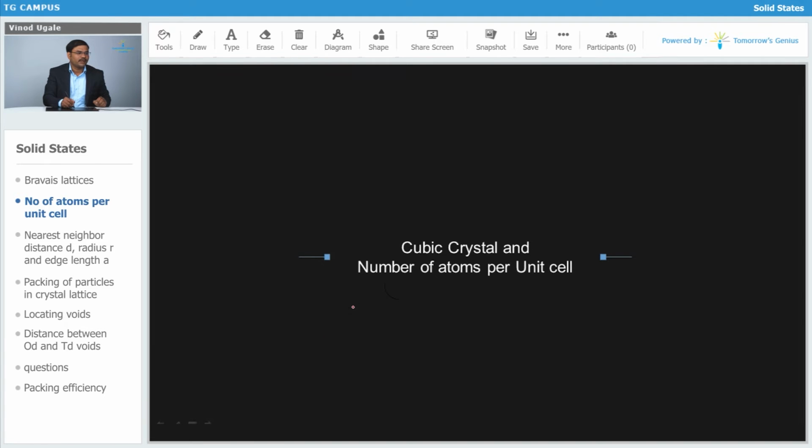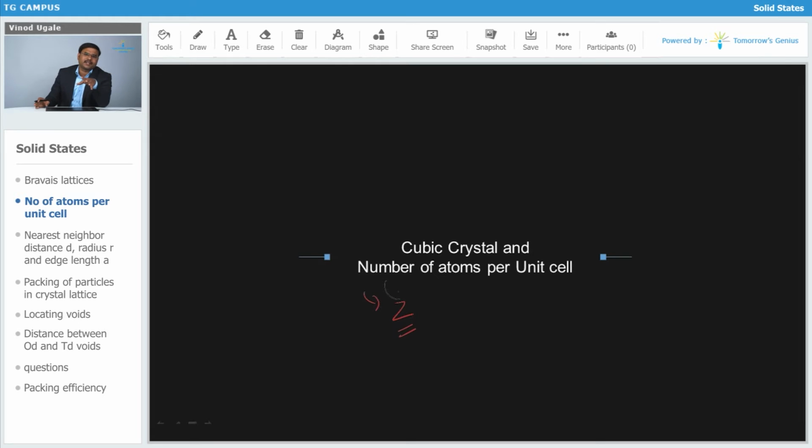So we are going to calculate the Z in each case, that is the number of atoms in a simple cubic unit cell, the number of atoms in a body centered unit cell, and the number of atoms in an FCC unit cell. In addition to this, we are also going to calculate the number of atoms in hexagonal unit cells, because in the examination questions are asked on the hexagonal type.